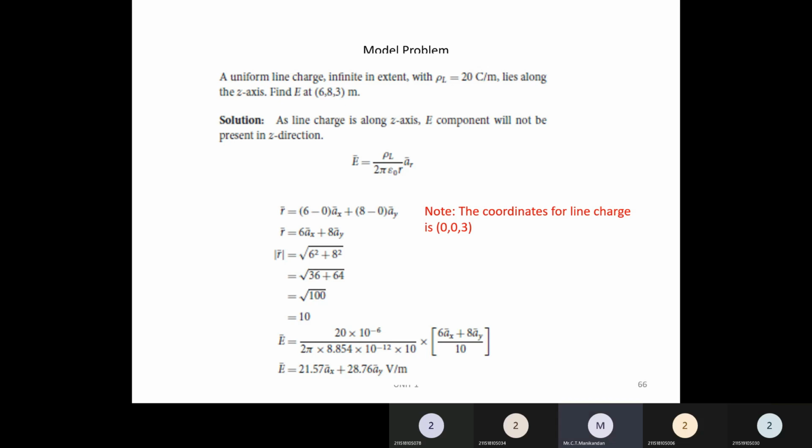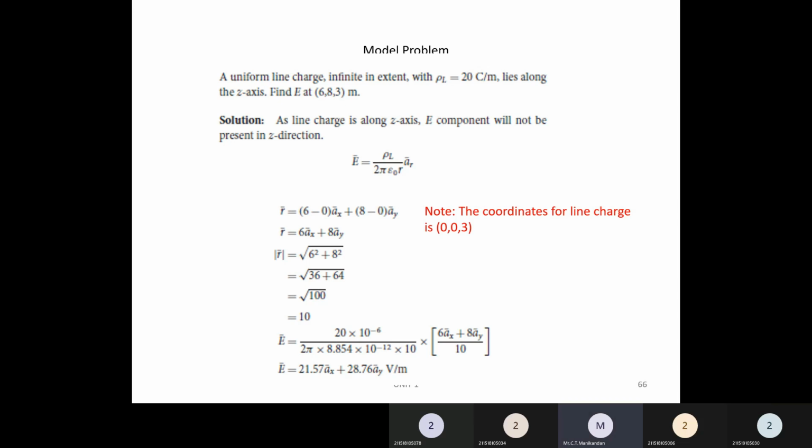For that, they have given the clue: the line charge is along the z axis. When the line charge is along that axis, at that axis you don't have the electric field. So the coordinate we have to mark here is 0, 0, 3. That's what I have marked in red here.